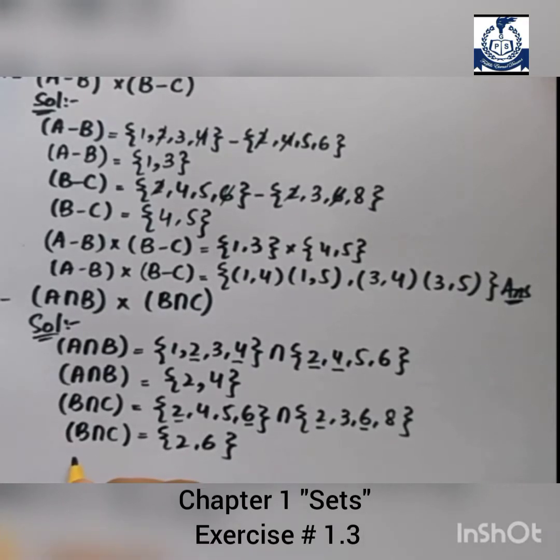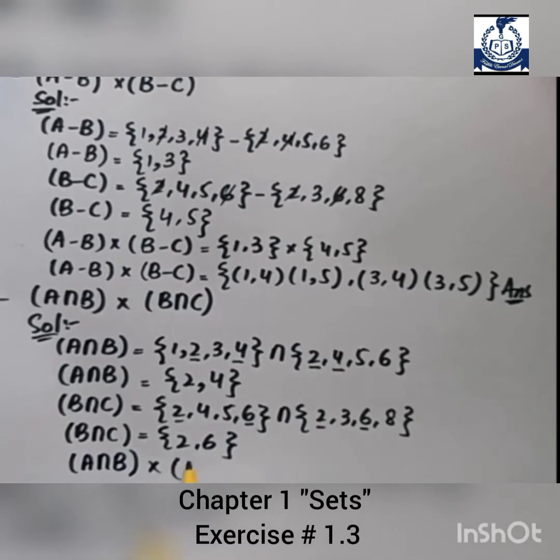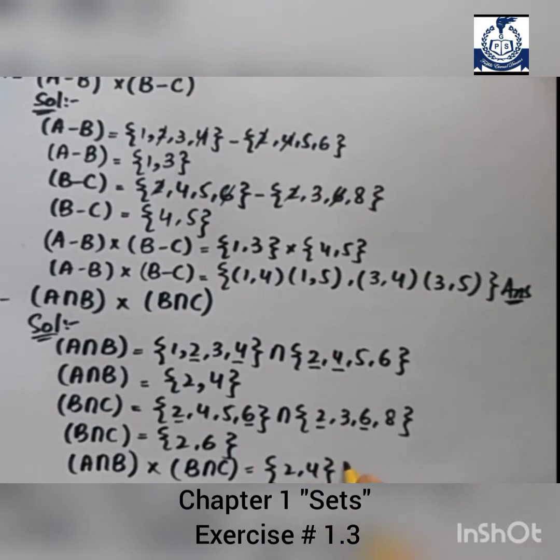Then we find the Cartesian product (A intersection B) Cartesian product (B intersection C), which is equal to {2, 4} in the place of A intersection B, and in the place of B intersection C we write {2, 6}.